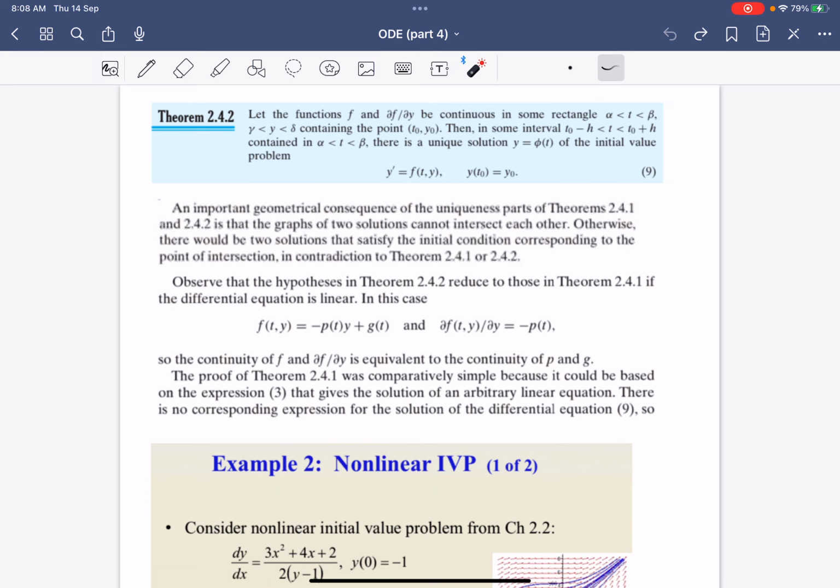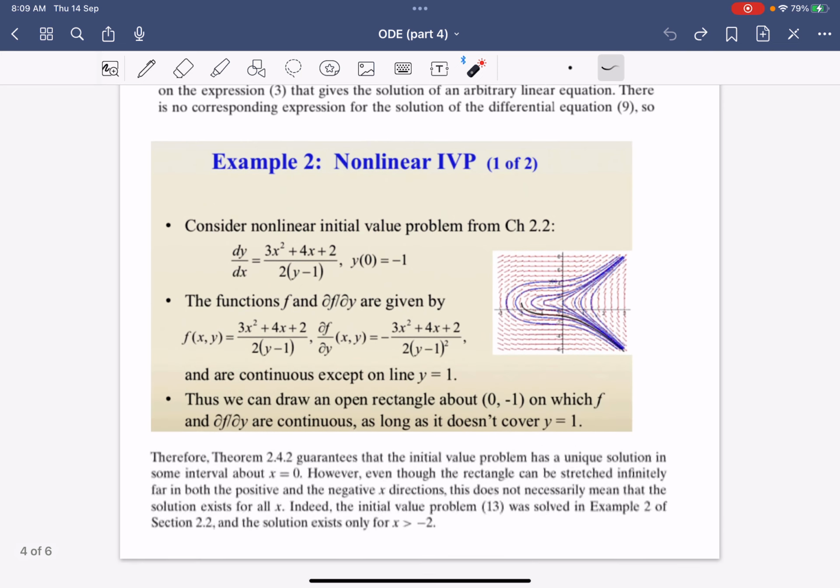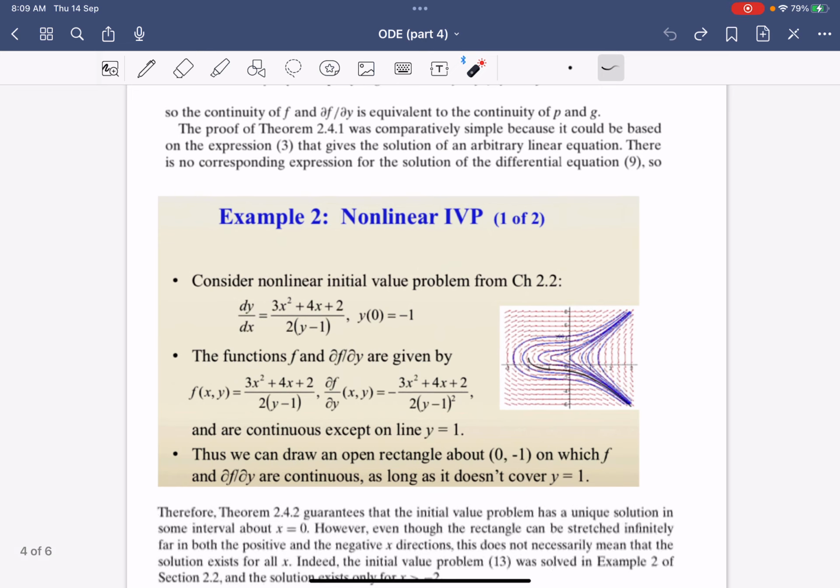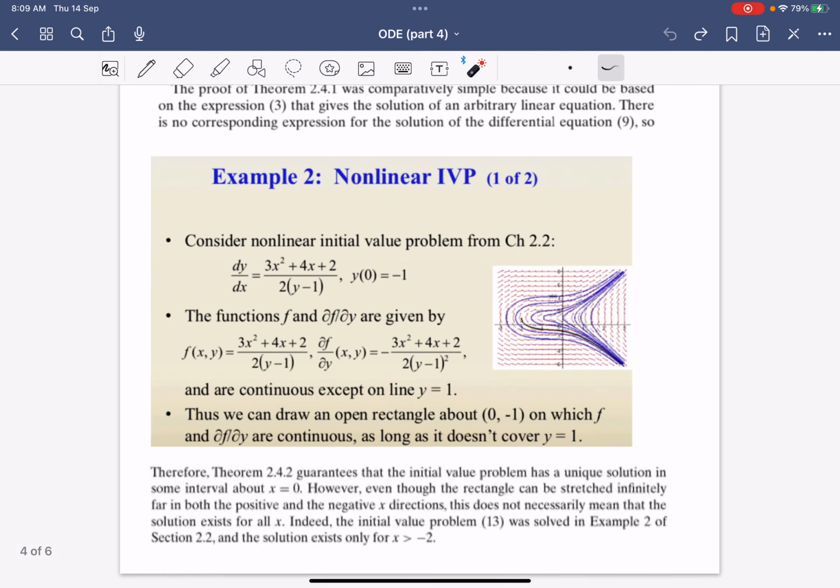So for the proof of this existence and uniqueness theorem, we will leave it to a separate video by itself, as we'll go in depth into the proof, and we need to build up some knowledge first. Right now we'll just take examples to familiarize ourselves with nonlinear IVP problems.